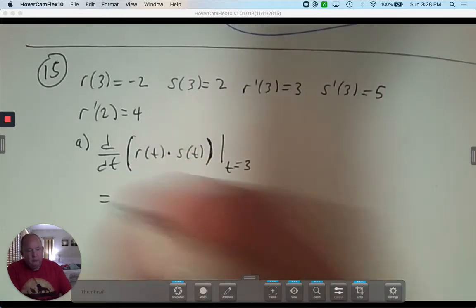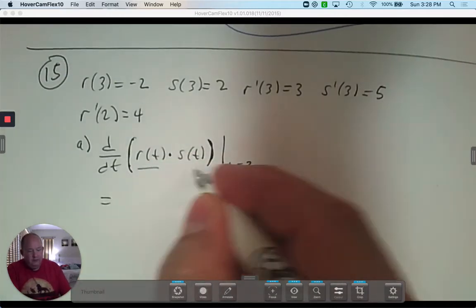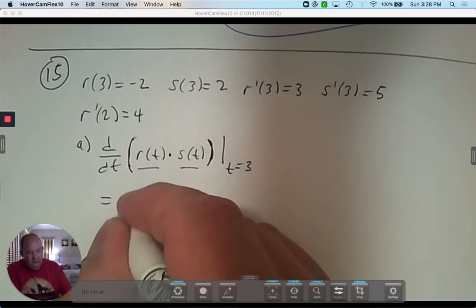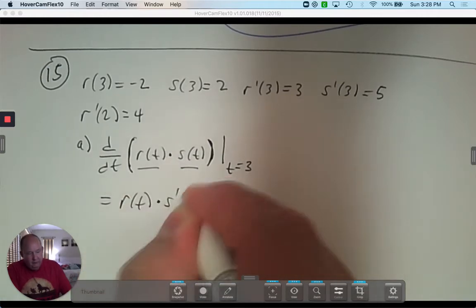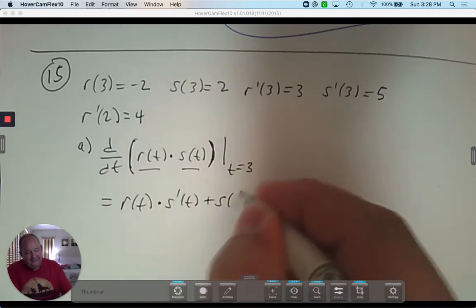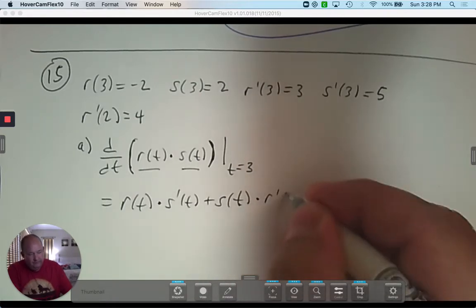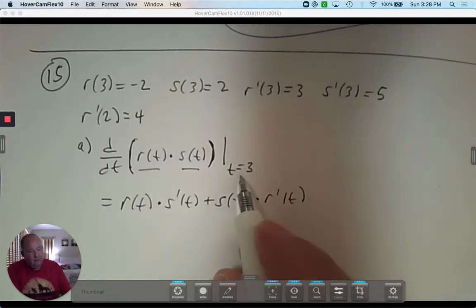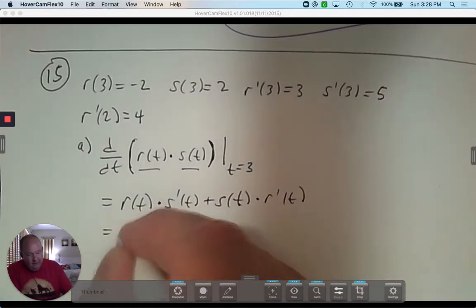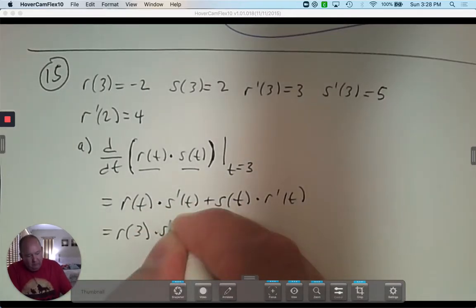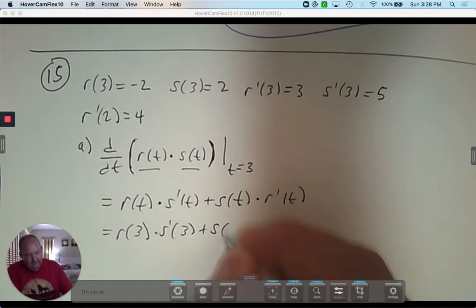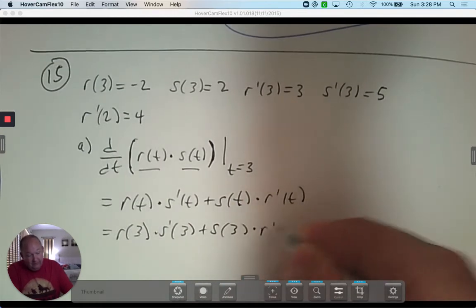So the product rule is, and you can see the first and the second, the first times the derivative of the second plus the second times the derivative of the first. Next, because we're doing it at 3, we're going to put 3 in wherever there's a t, and then just plug in the information.